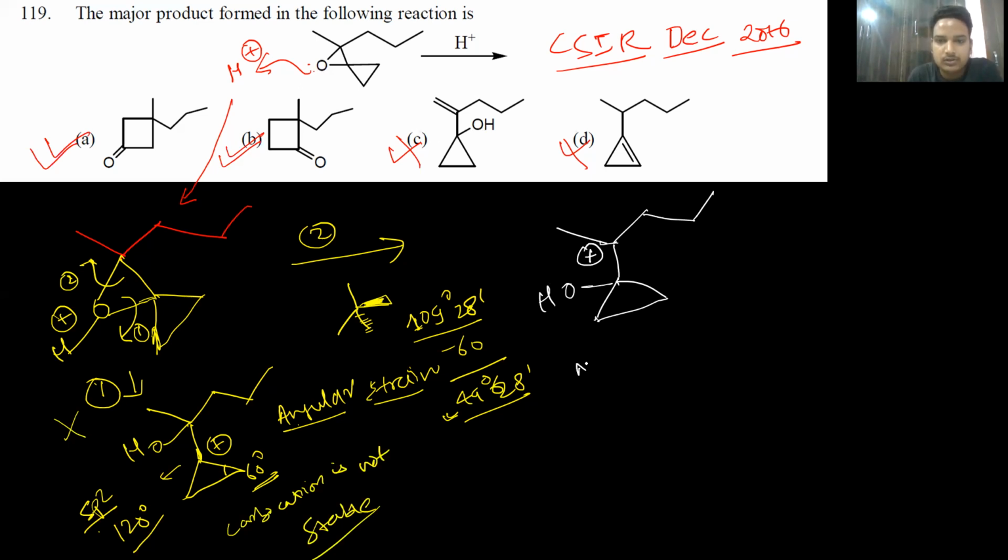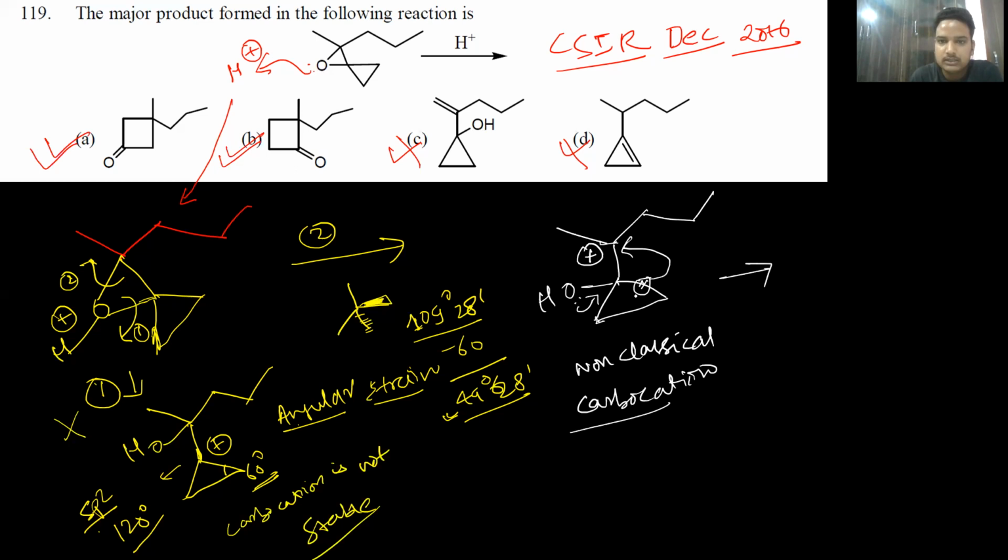This is called a non-classical carbocation. Why is this stable? This is called banana bonding, which takes place between the cyclopropane and the positive center; each of the three bonds can migrate here like this. So we decrease the angular strain, and this bond can go like this.